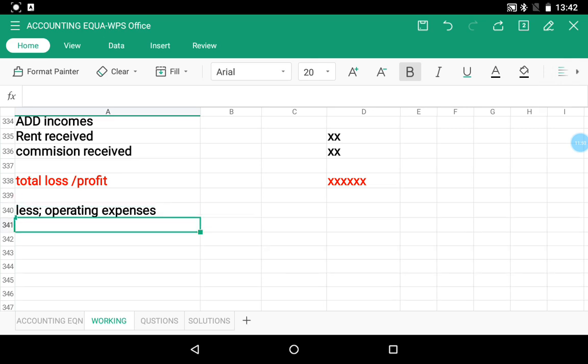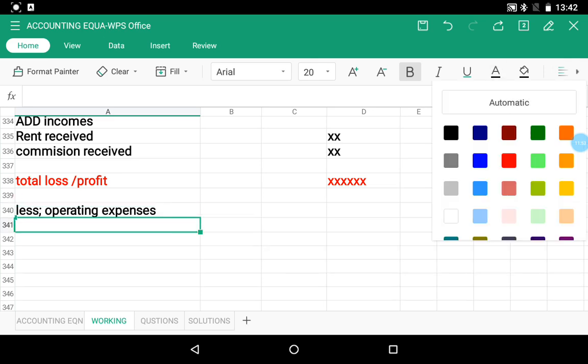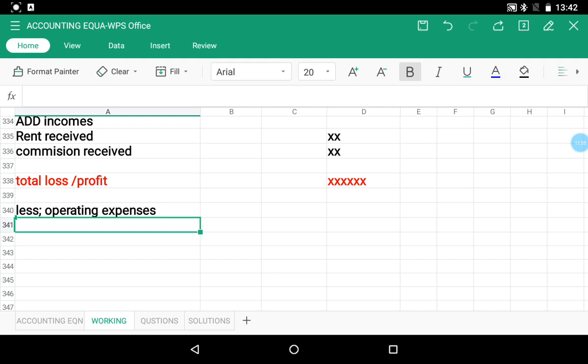And we are going to group them, starting with administrative expenses.